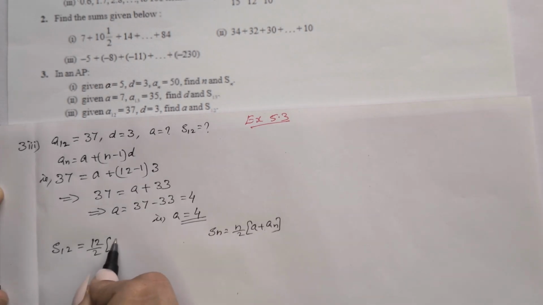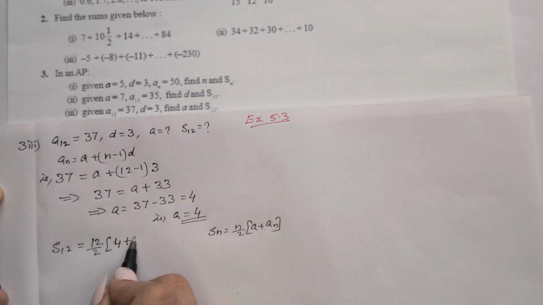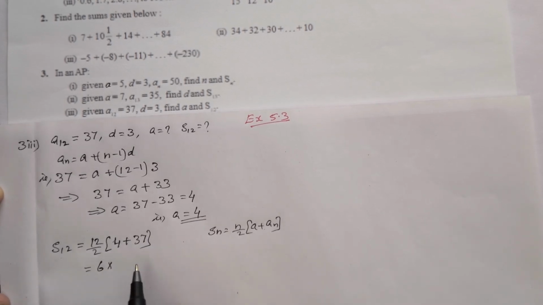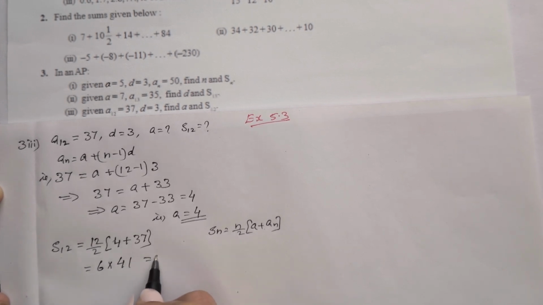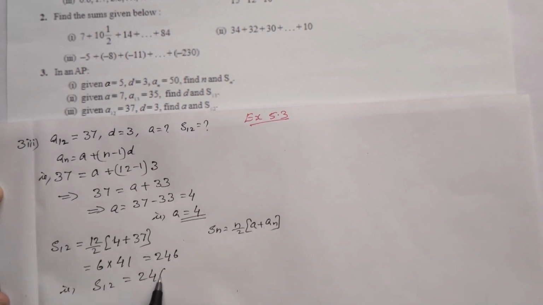Now we got that as 4. Plus 12th term, that is last term, 37. Which is equal to 6 into 37 plus 4, 41. And that is equal to 246. So we can write S12 is equal to 246.